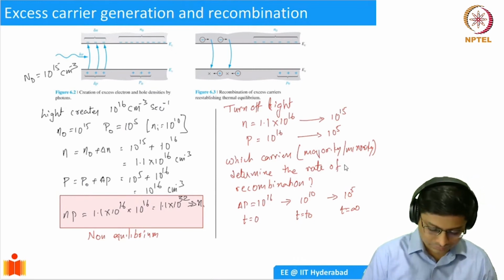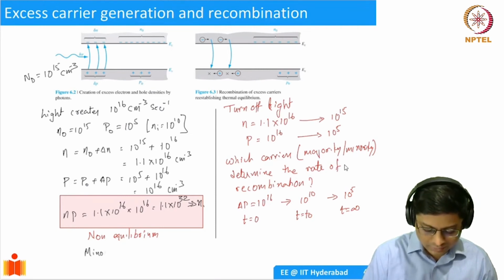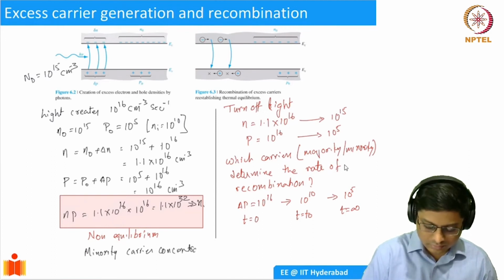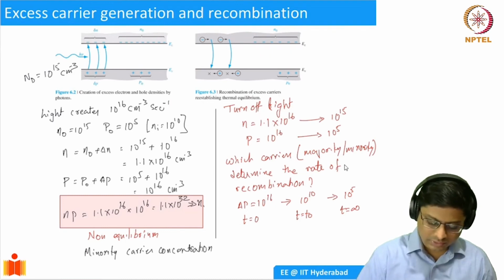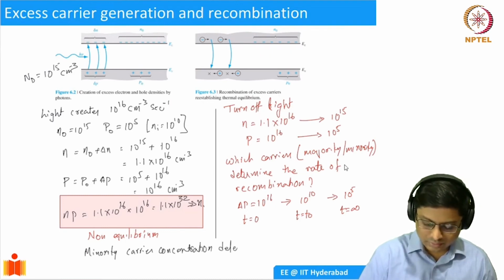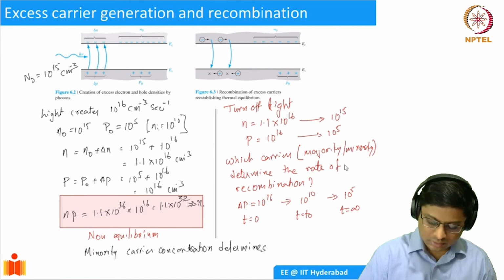We'll say that minority carrier concentration determines non-equilibrium dynamics.